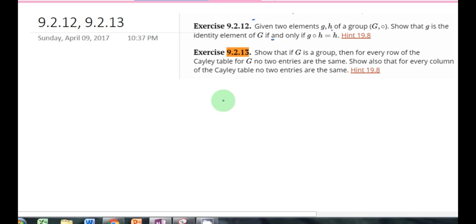So what would that look like? That would look something like this. If I had an element G here and an element H here, and we had a result H here. Now it's also going to work the other way. It's a pretty straightforward modification.